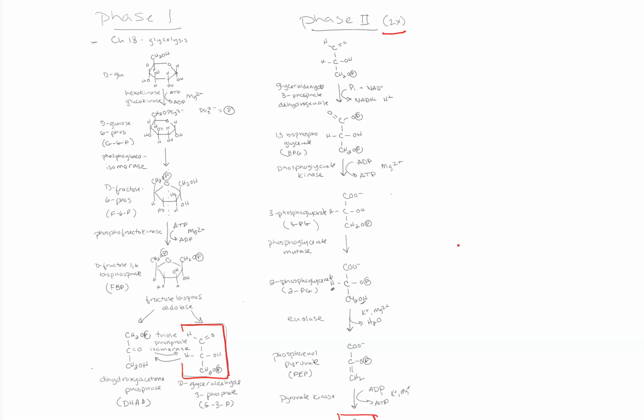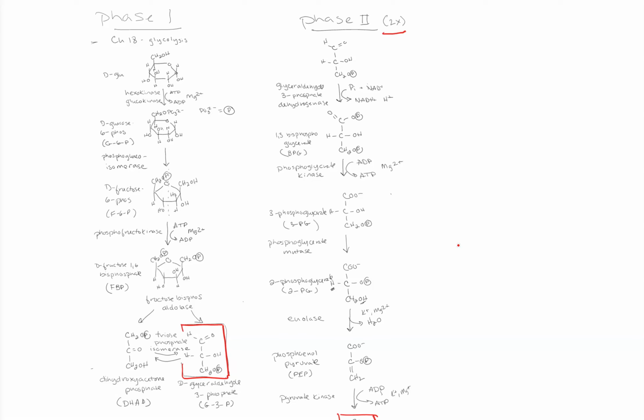We then recover our ATP that we've invested so far. We end up with 3-phosphoglycerate, which then has to move the phosphate from the 3 position to the 2 position.